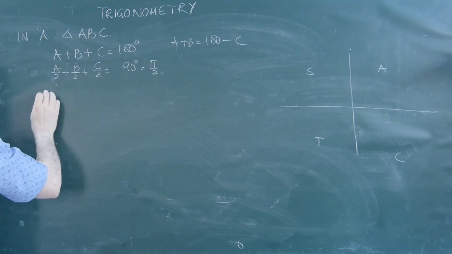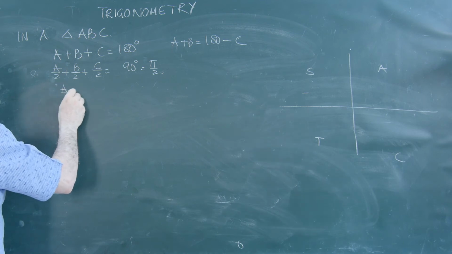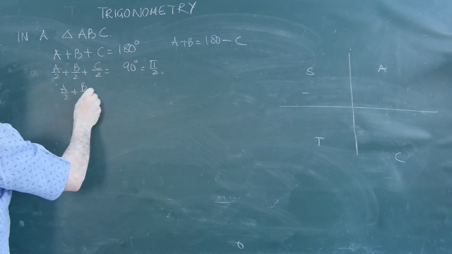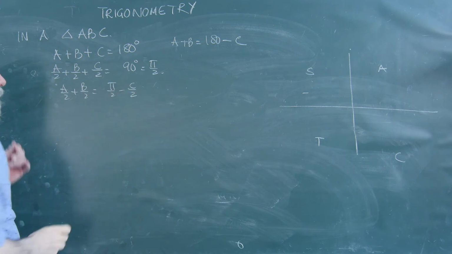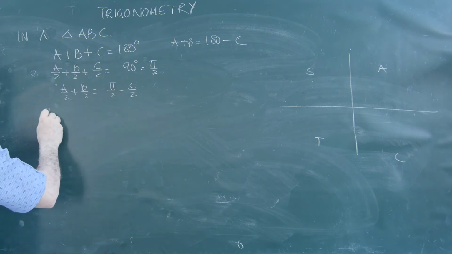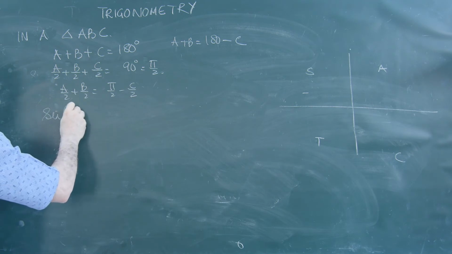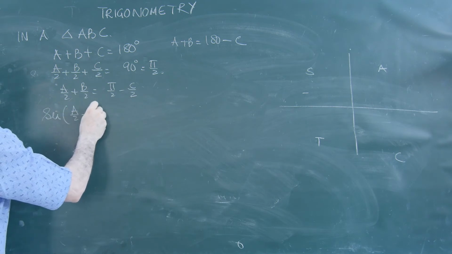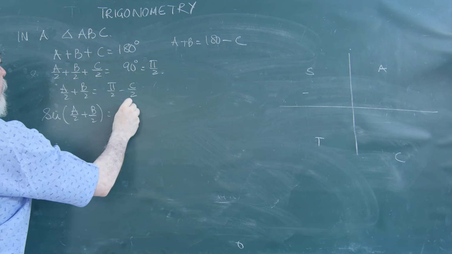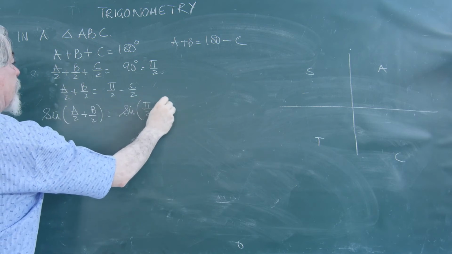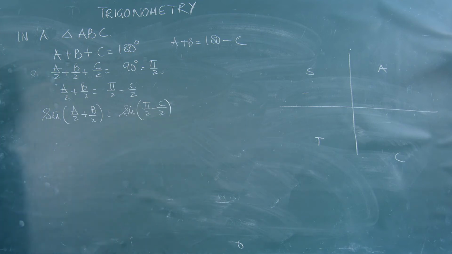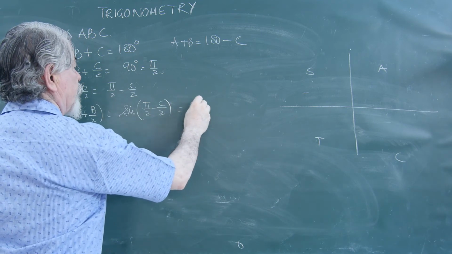Then again A/2 + B/2 will be π/2 − C/2. In this case, what will happen is sin(A/2 + B/2) will become equal to sin(π/2 − C/2), and that will become cos(C/2).